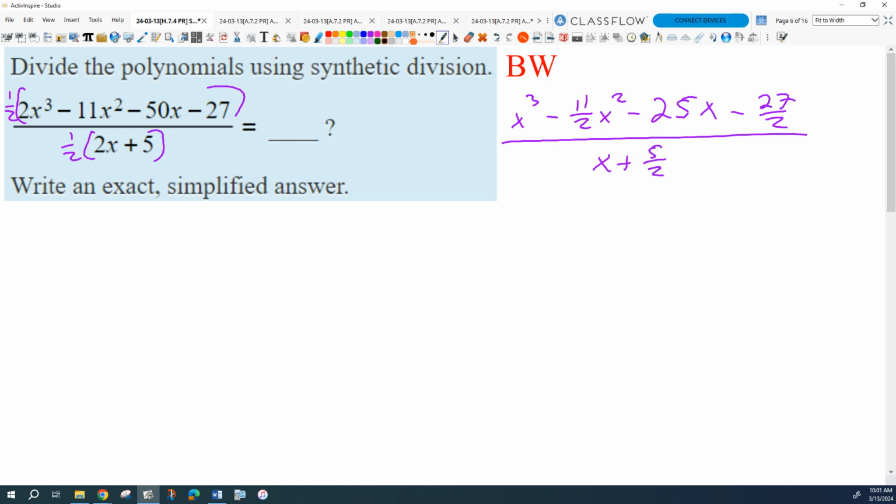So if I plug that into a synthetic bracket, what do I write for my top row? 1, no variables, right? 1, negative 11/2. Negative 25.